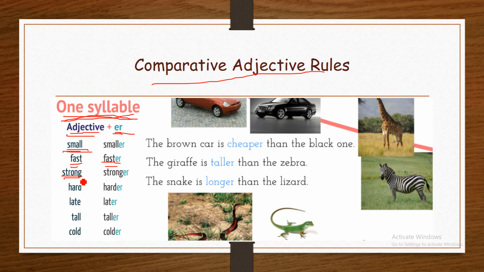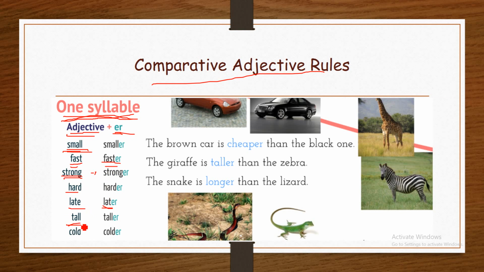Strong is one-syllable adjective, plus er, it becomes stronger. Hard is one-syllable adjective, plus er, it becomes harder. Late is one-syllable adjective plus er, it becomes later.